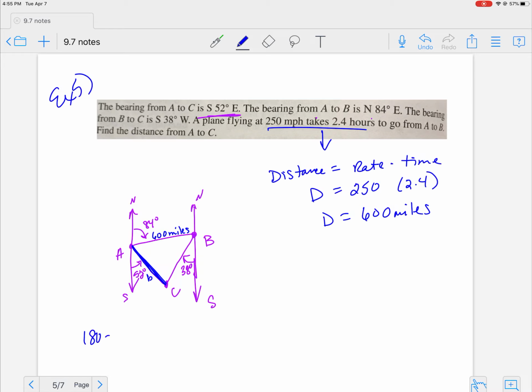This is 52, this is 84. Because this is 84 and this is 52, can you figure out what this one is? Yeah, those are called supplementary. Remember when we talked about those supplementary angles? So I have 180 minus that 84 minus that 52. And what do you end up with? 44. So I know that is 44 degrees.